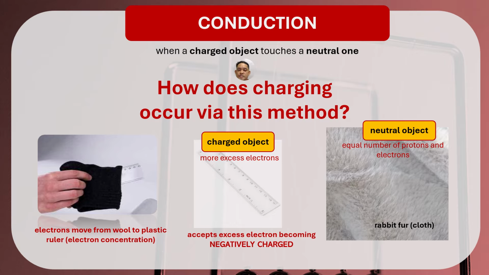When we say neutral object, it means, again and again, electrons and protons are the same in number. So that's neutral. There's no such thing as a neutral charge, so let's avoid saying that. Neutral charge is not really acceptable in physics. When we say neutral, it has the same number of electrons and protons, and they cancel out because they have different signs, positive and negative, and the same magnitude.